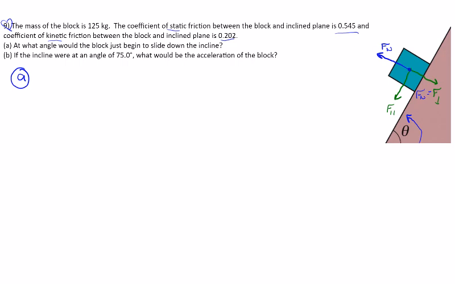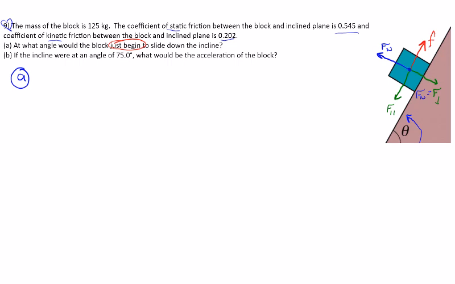And then on an incline, assuming it has friction, friction is going to try to keep it from sliding down the incline. Now, in the first case, we're looking at a situation where it just begins to slide. So F parallel is just barely larger than the friction force, but I'm going to draw it the same size to start off with.